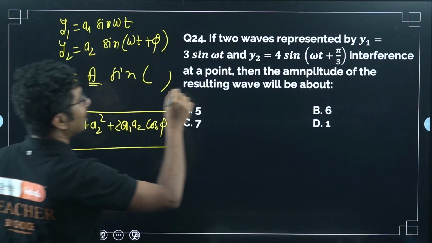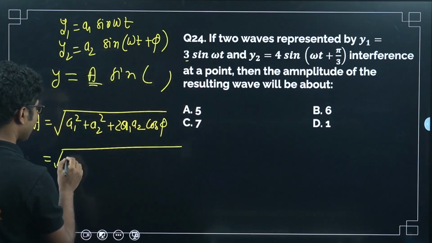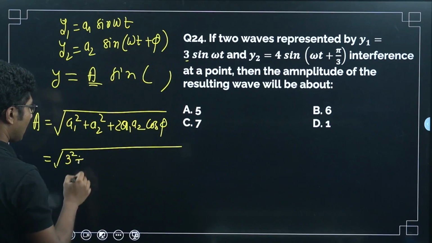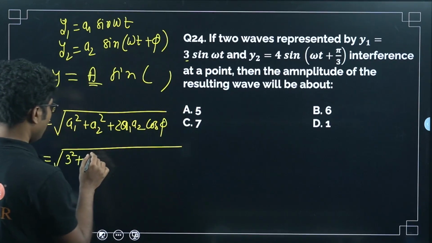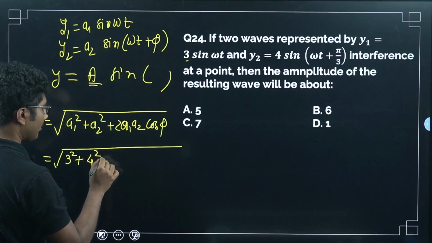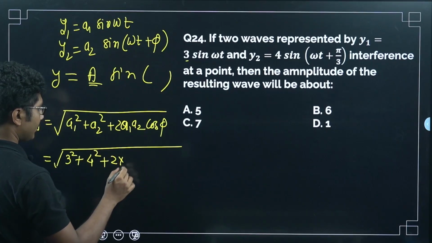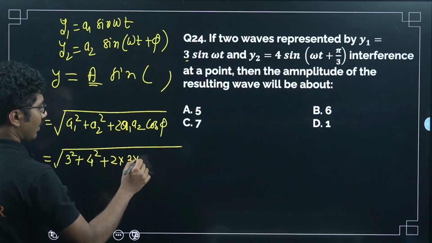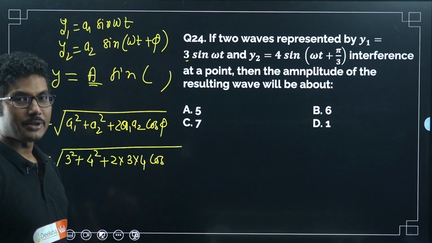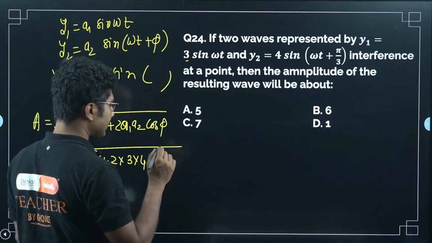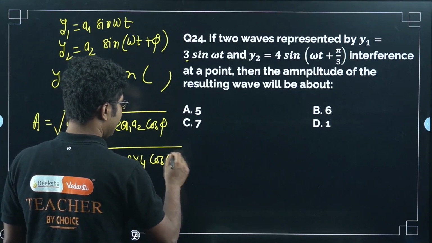A1 is 3, so 3 square plus, what is a2? A2 is 4, so 4 square plus 2 times a1 a2 cos pi by 3. Cos pi by 3 means cos 60 degrees, right?